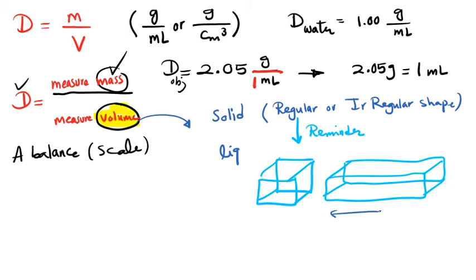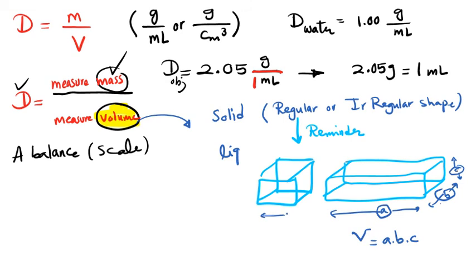For a regular shape solid like this rectangular cube, volume is A times B times C. Each side must be multiplied by another side. So for three sides, you must multiply A times B times C.